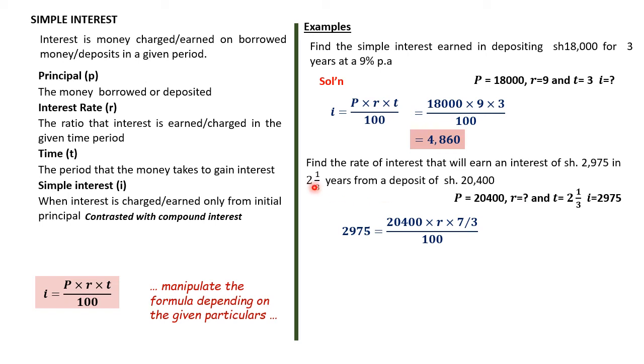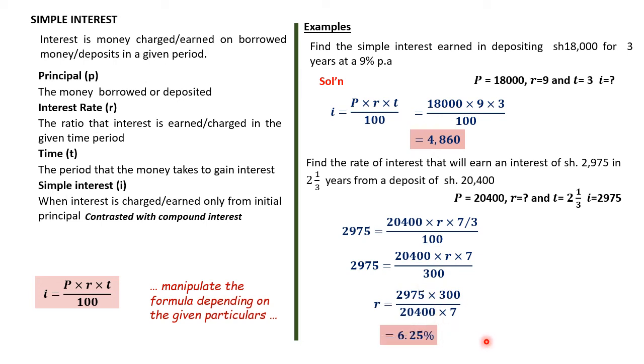Please notice that 2 and 1/3 can be written as 7/3. This 7/3 being a fraction means that the 3 can go below the division line, so that we have 300 in place of 100. And therefore, it will be 20,400 times R times 7/300, same as 2,975. So you can multiply both sides by 300 divided by 20,400 times 7. And so we have this sort of a thing. The rate will be 6.25%.